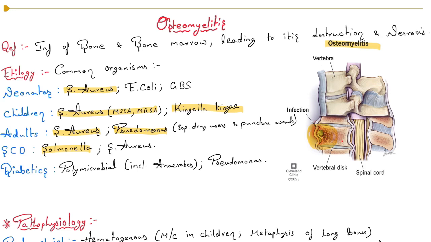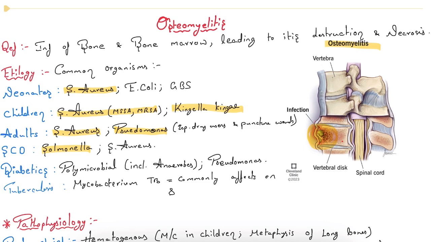Next, sometimes you can see tuberculosis osteomyelitis because of Mycobacterium tuberculosis, which most commonly affects the spine.